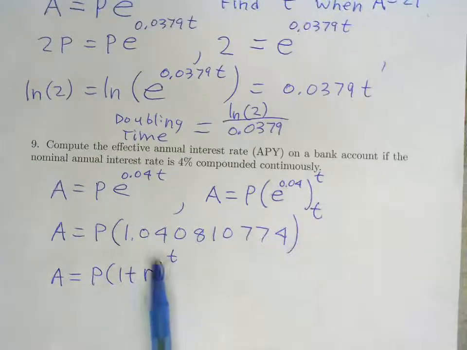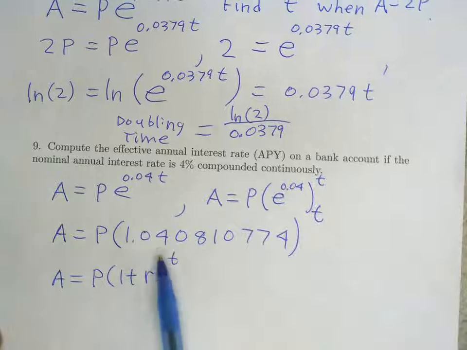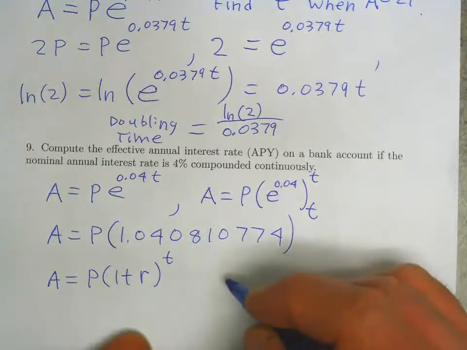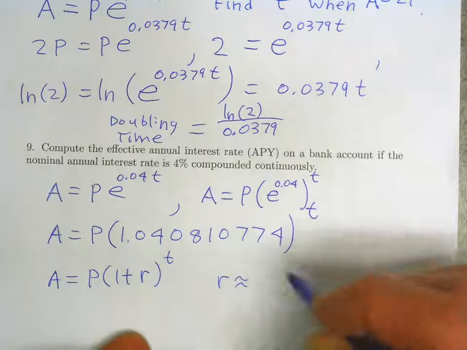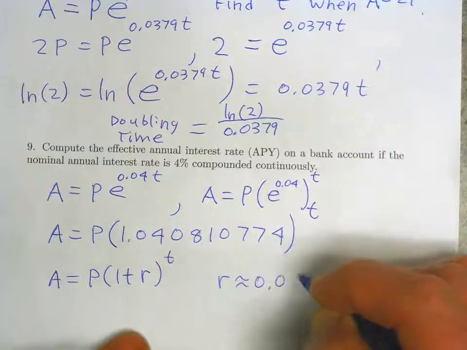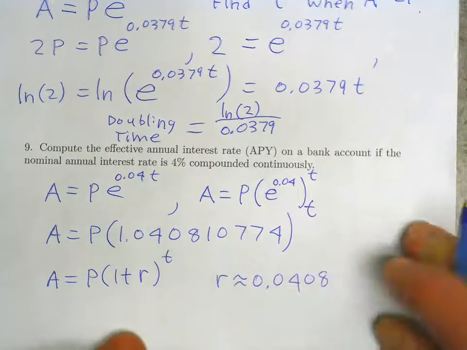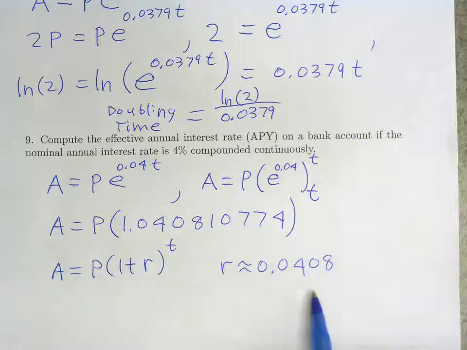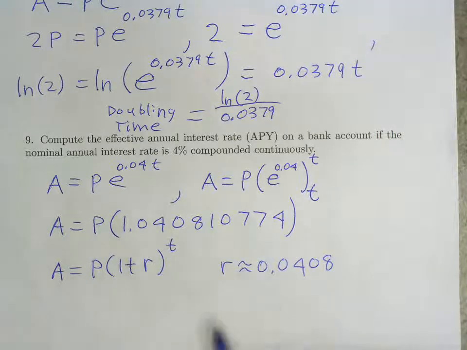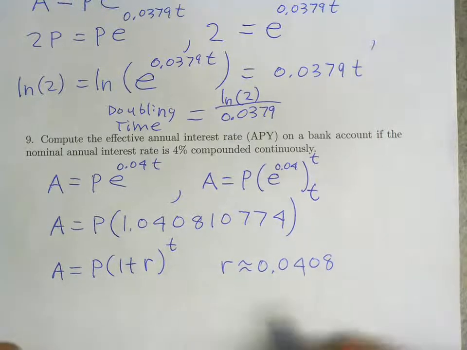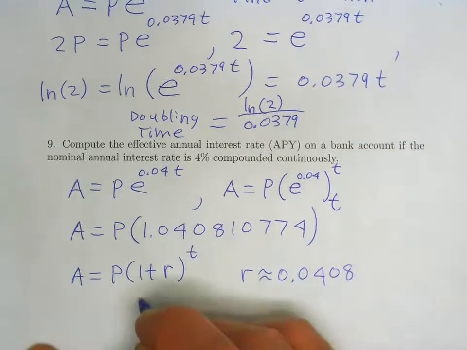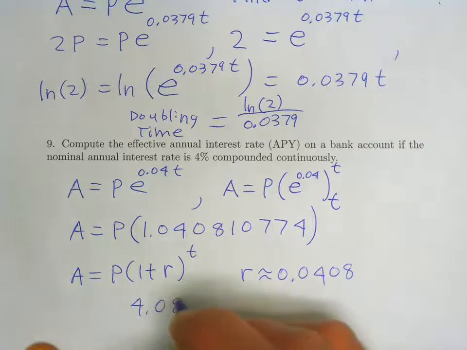So the number that we're adding to 1 is 0.0408. So this is a little bit bigger than 4% per year. So you could say that the effective rate is about 4.08%.